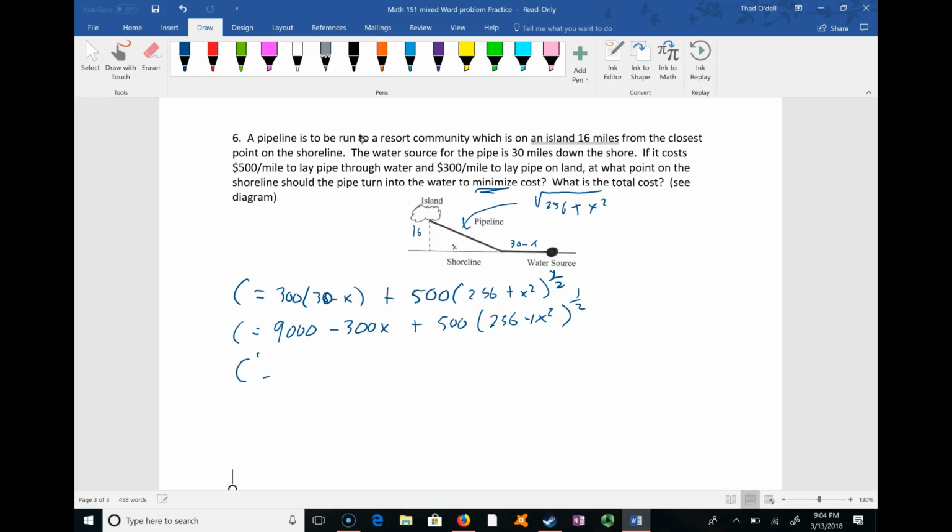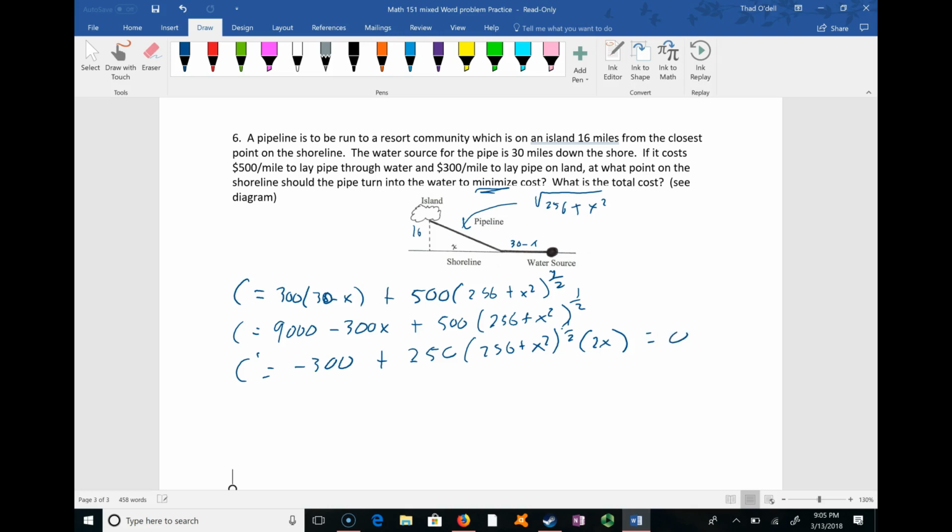Take the derivative. C prime is equal, that disappears. That becomes negative 300. This becomes 250 times 256 plus x squared to the negative 1/2 times 2x.